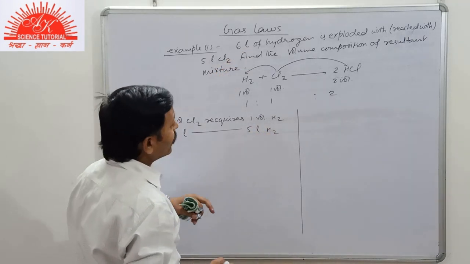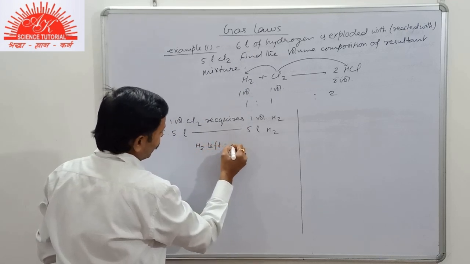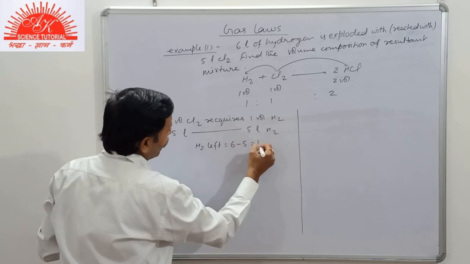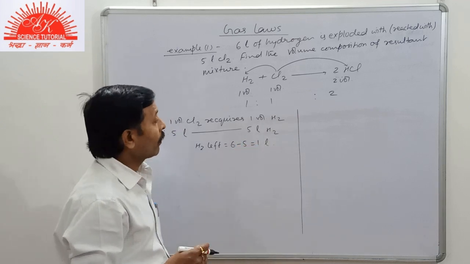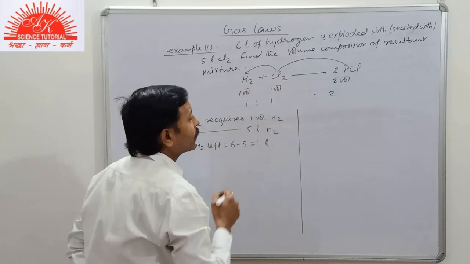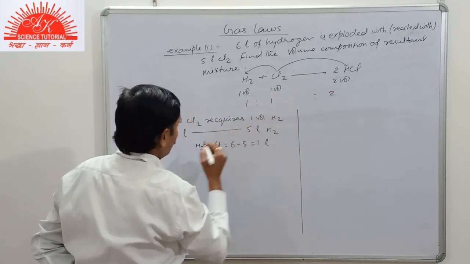But the hydrogen was 6 liter, so H2 left is 6 minus 5, hence 1 liter, and 1 liter of hydrogen is left behind. Now go for the calculation of volume of product. Again compare with this one.